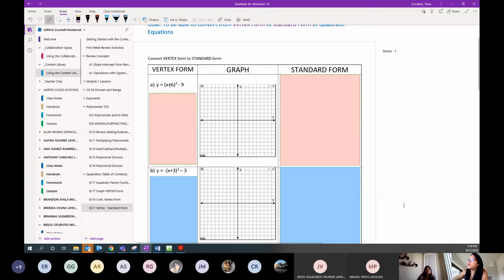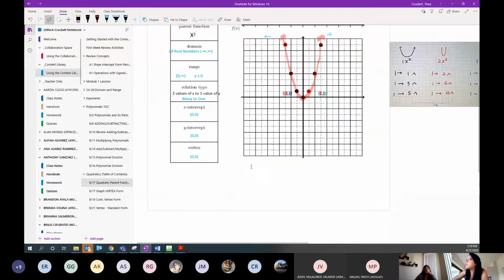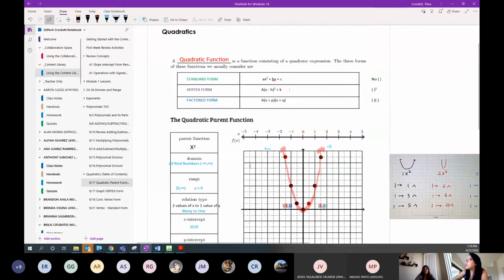All right, the first thing is we're given vertex form, and our goal is to be able to write this vertex form into standard form. Okay, we're also going to graph it so that it could further review your graphing, which you could benefit from in the quiz later. So if we go back to 917, when we started graphing quadratic functions, we have 3 forms.